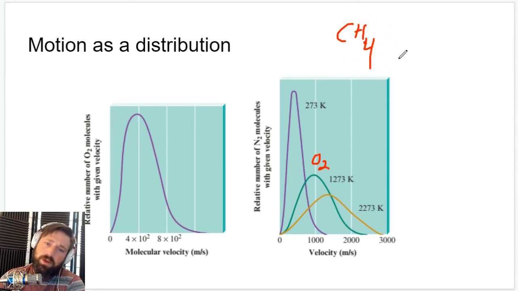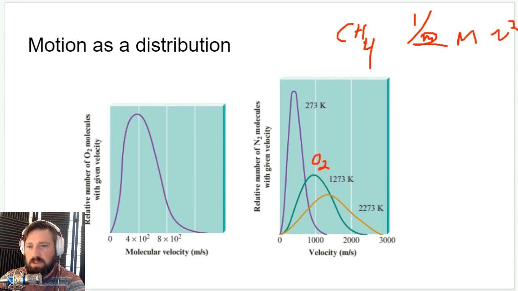So this is going to have less mass than oxygen. So we can kind of think about that again. If the kinetic energy is 1/2 mass velocity squared, and we are decreasing our mass to get to methane size, and the kinetic energy stays the same, velocity has to increase.